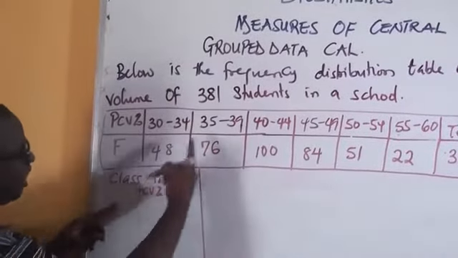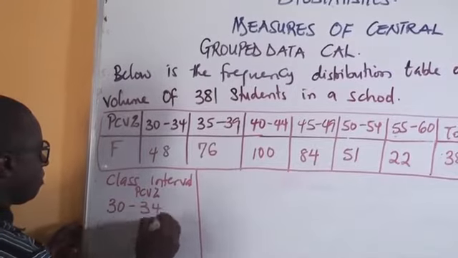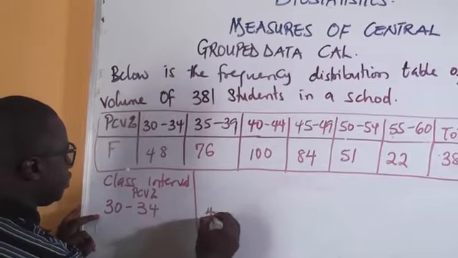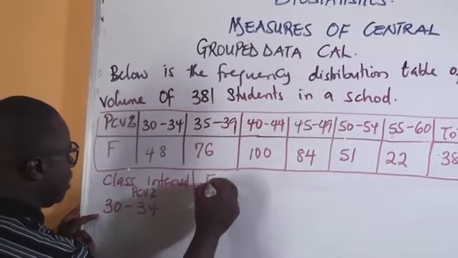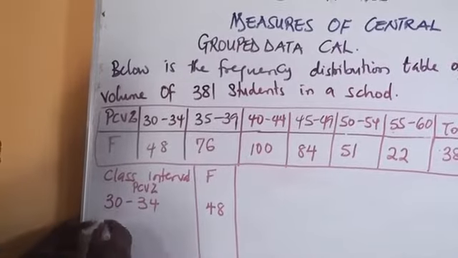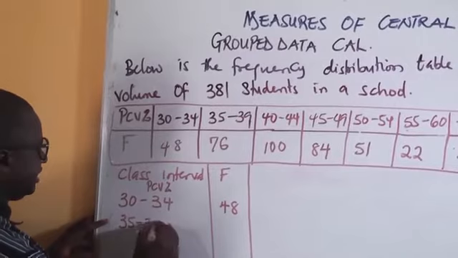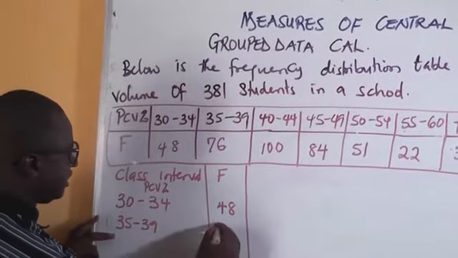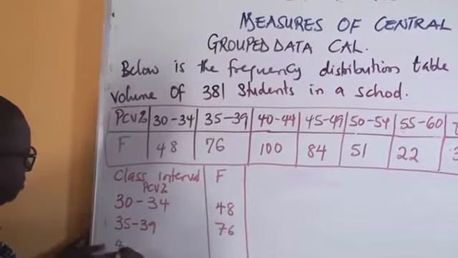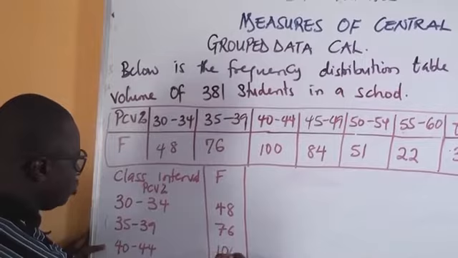For the first one, I have 30 to 34. Under this, the frequency is 48. I can just write F to symbolize frequency. The next one is 35 to 39, and the frequency is 76. The next one is 40 to 44, and the frequency is 100.